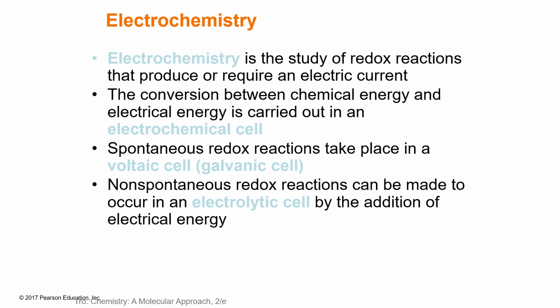So electrolytic cells are used to recharge batteries. They are also used to plate different metals onto surfaces. So if you have any jewelry that is silver plated or gold plated, that is carried out in an electrolytic cell.